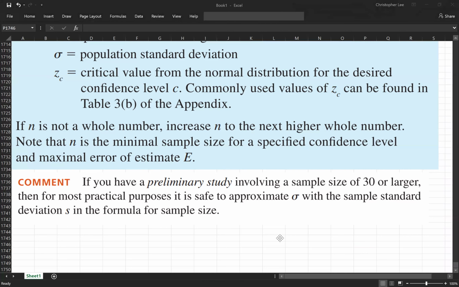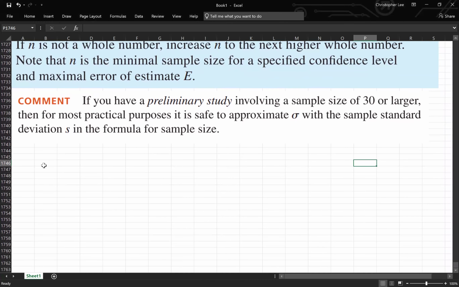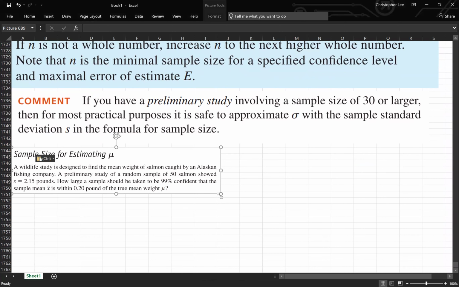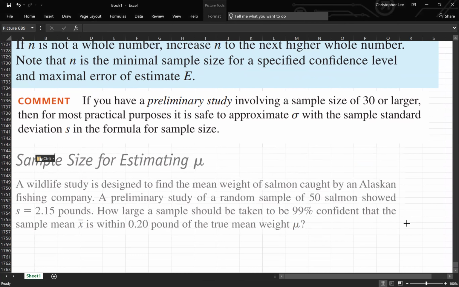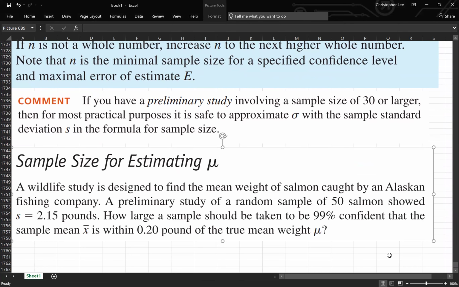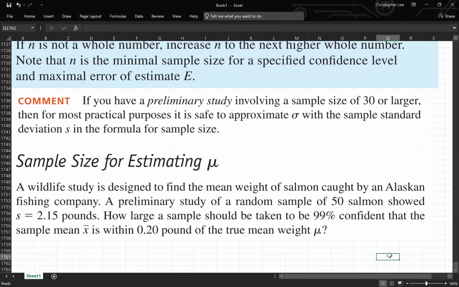But real quick, let's run through an example, and then we could call it at that. So we want to take the sample size for estimating mu. A wildlife study is designed to find the mean weight of salmon caught by an Alaskan fishing company.